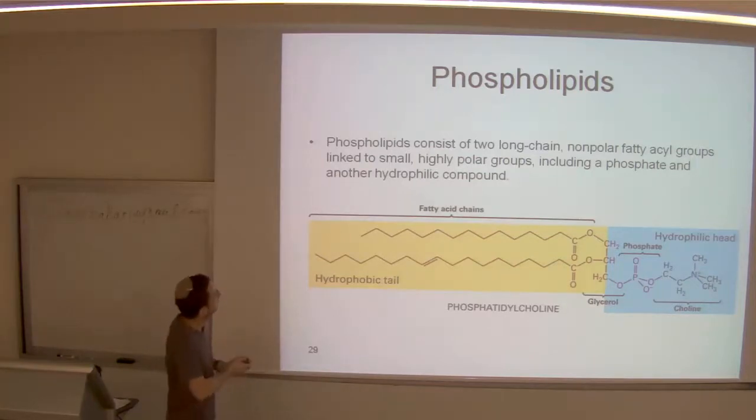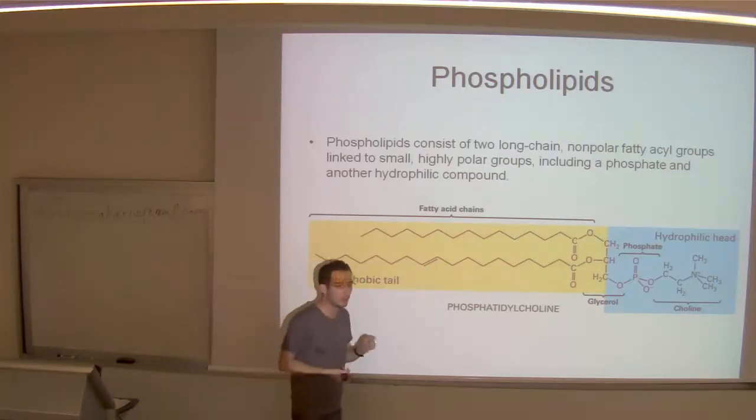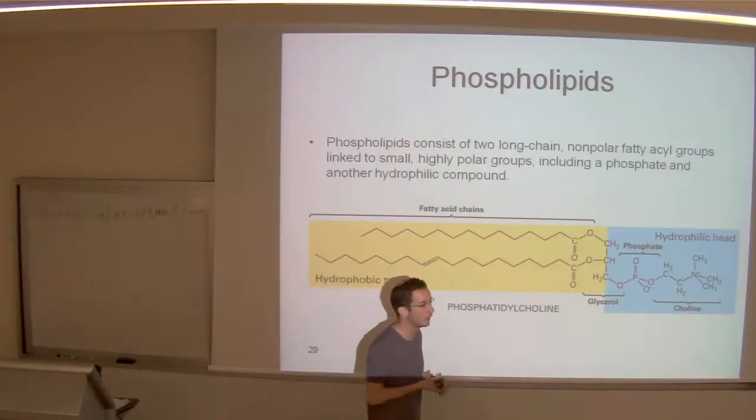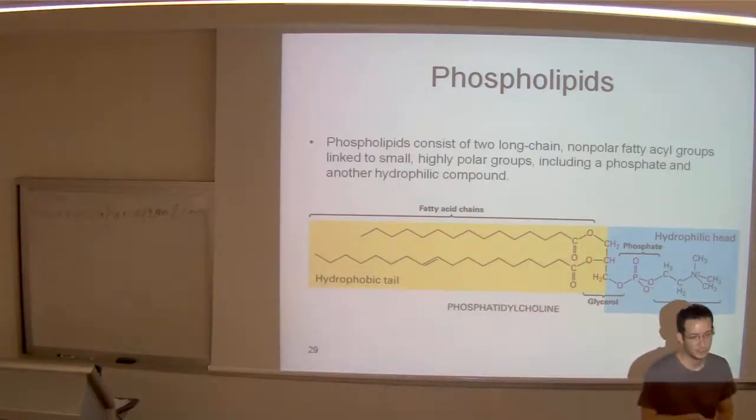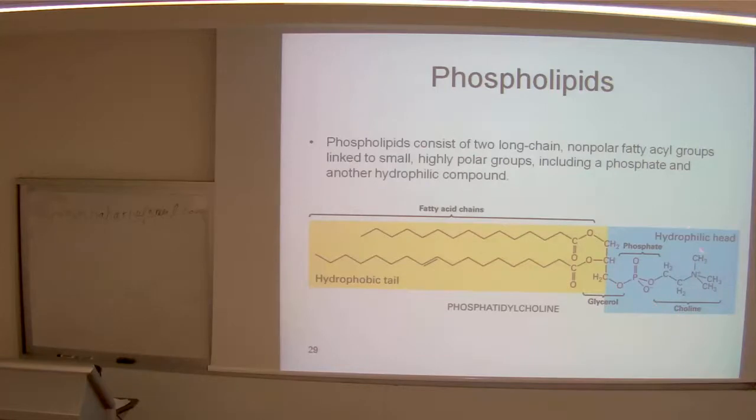What's so special about it is that it has a very hydrophobic area, which is marked by the yellow rectangle here, because fatty acids are not polar, are not charged, and have very weak hydrogen bonding capacities, so they're hydrophobic. And it has a very hydrophilic area, the blue rectangle here, because of all the charges that are distributed around it.